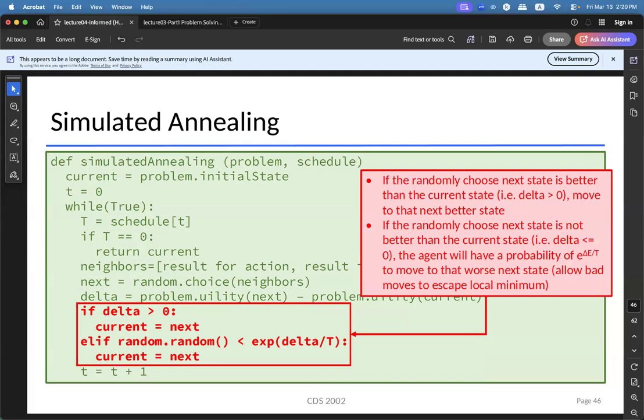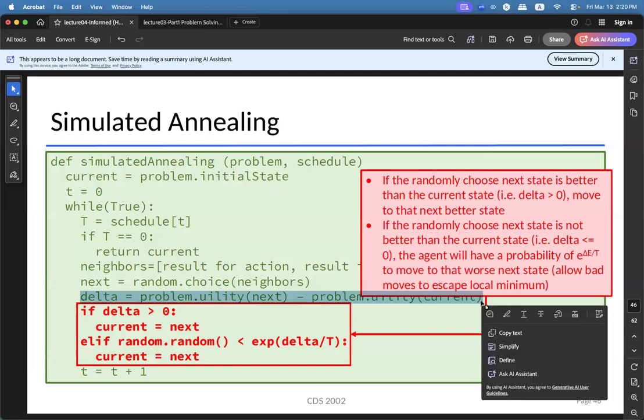If the next state is worse than the current state, then we create a random value and check whether it is smaller than e to the power of delta E divided by T. Delta E is the difference between the utility values of the current state and the next state, divided by temperature, and you use it as the power of Euler's number, and then you get the probability.